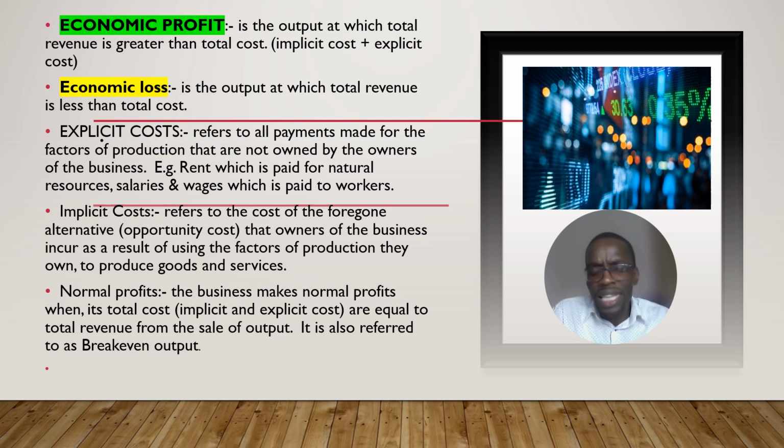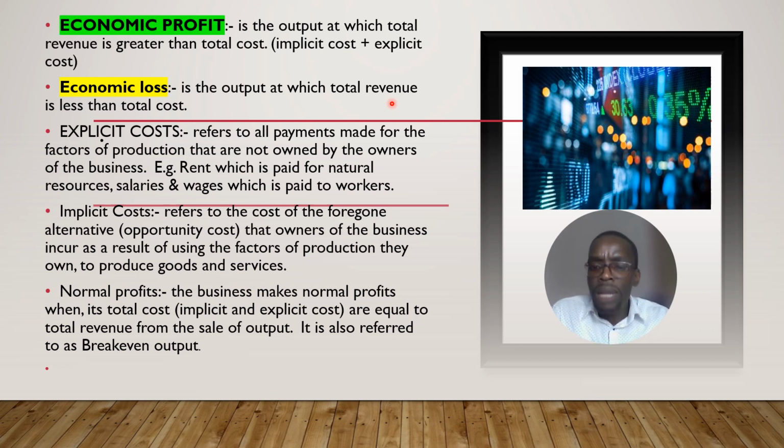Then we have the second type of cost, which is called the explicit cost. When we talk about the explicit cost, these are costs or payments that are made for factors of production that are not owned by the owners of the business.